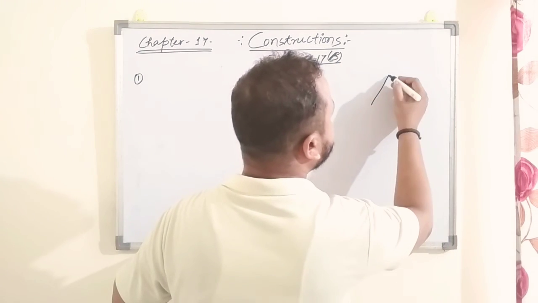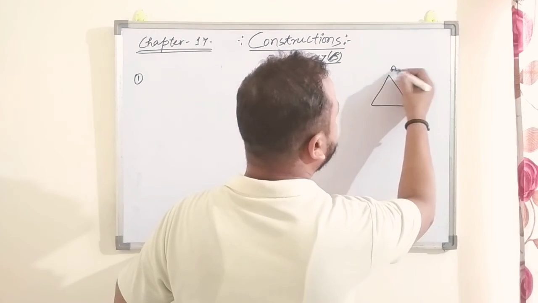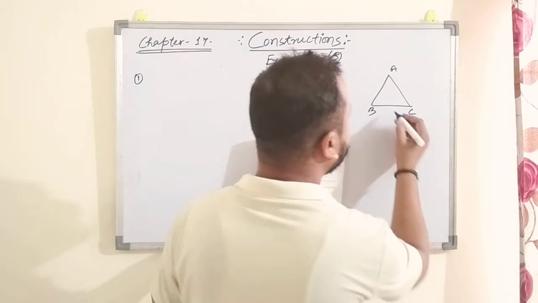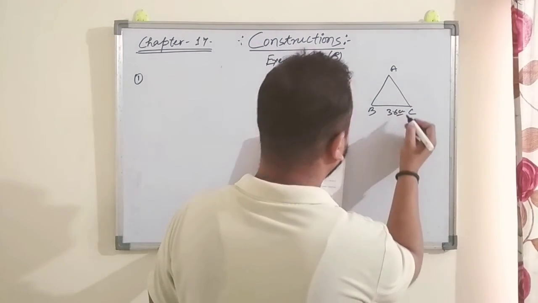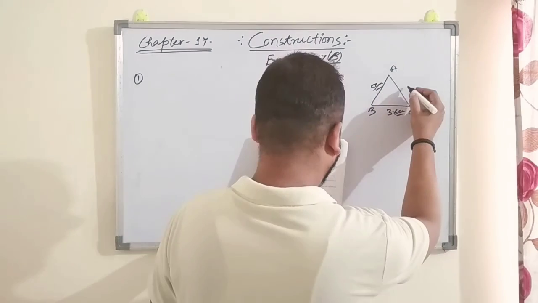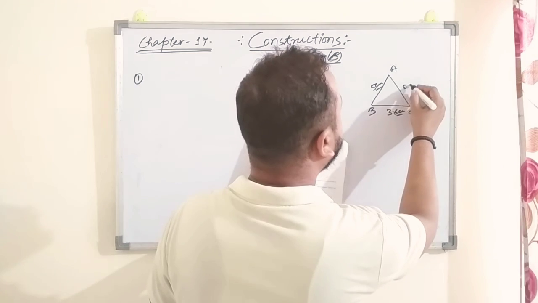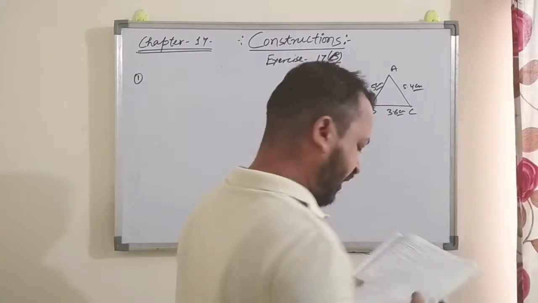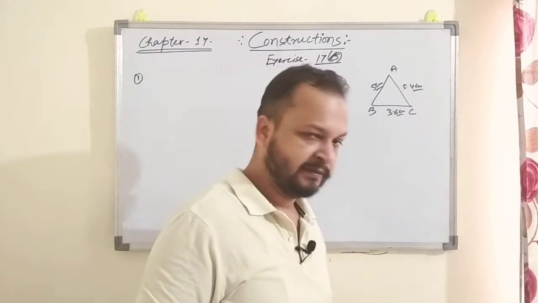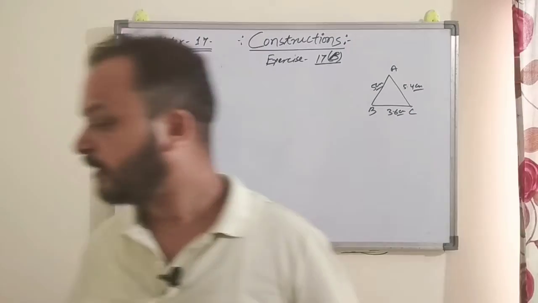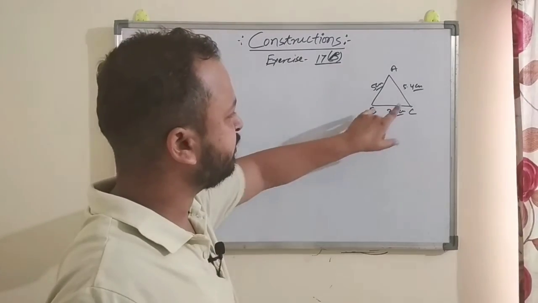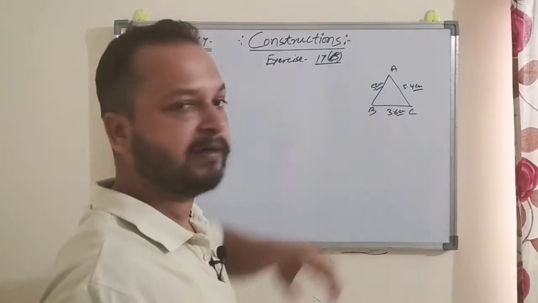Suppose this is a triangle, A, B and C. The lengths are given as BC is 3.6 centimeters, AB is 5 centimeters and AC is 5.4 centimeters. And draw the perpendicular bisector of the side BC. After you construct that triangle, just draw the perpendicular bisector of this side.